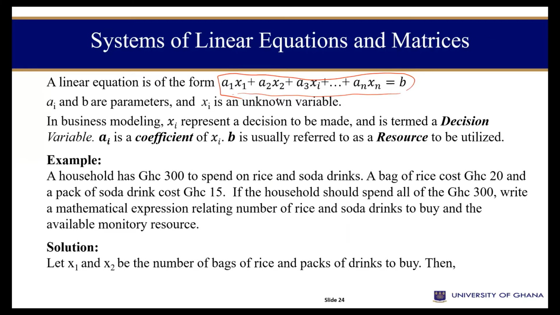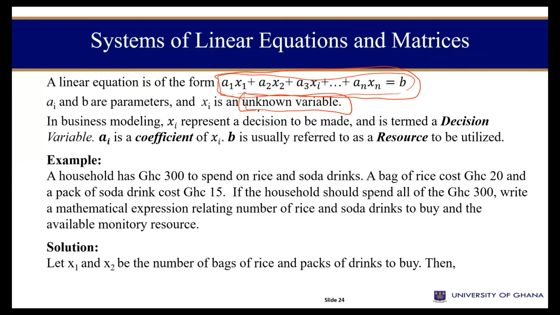Then how do we define each piece of information in a system of linear equations like this? A1, A2, A3, all the way to An, and B are referred to as parameters. Then X1 all the way to Xn are referred to as the unknown variables, because that is what we have to find a solution for.